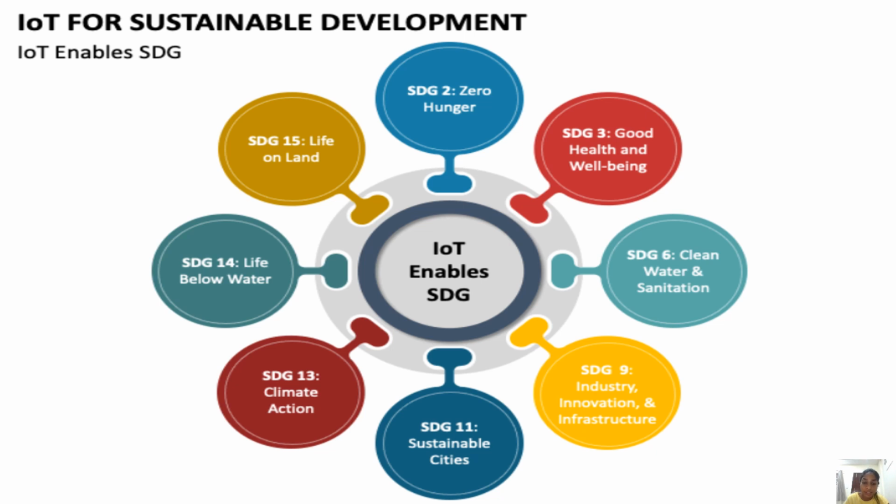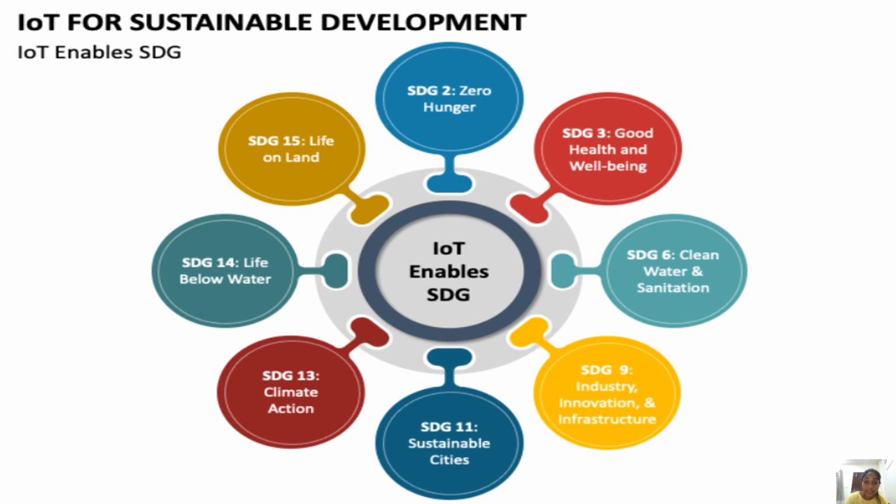So this technology can help achieve the sustainable development goals listed here, a few of them. SDG 15, that is life on land. This enables the monitoring of forests and wildlife, using sensors to track habitat conditions, wildlife movement, and deforestation activities.